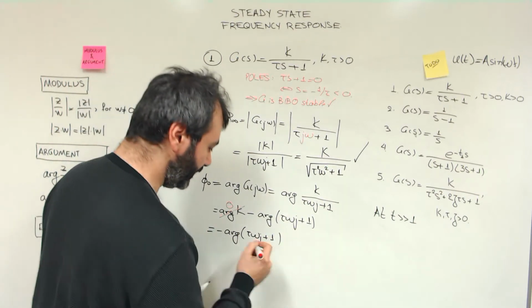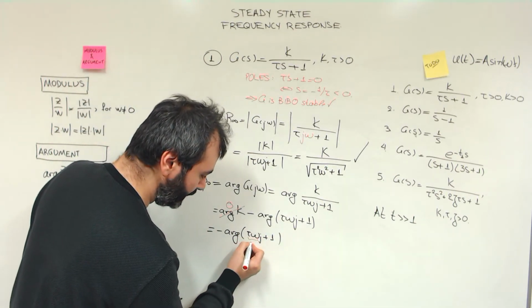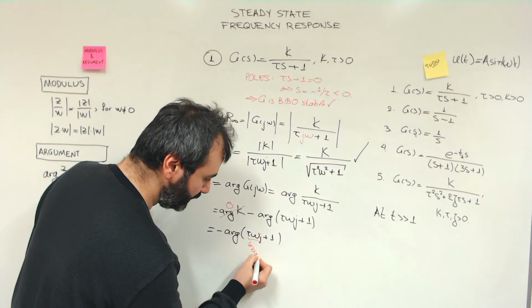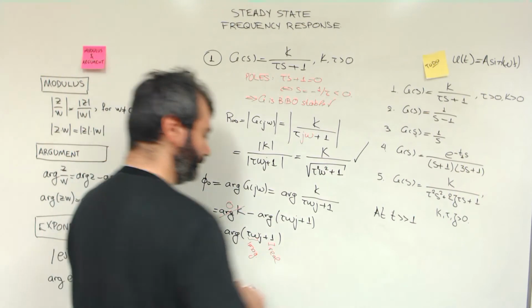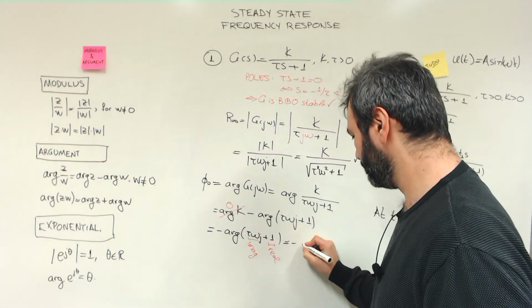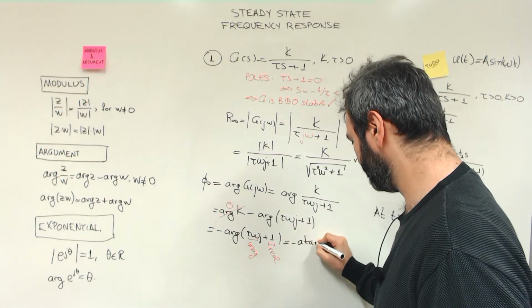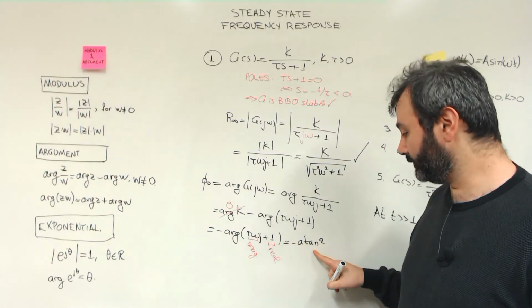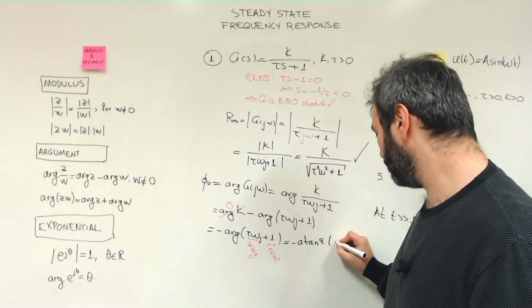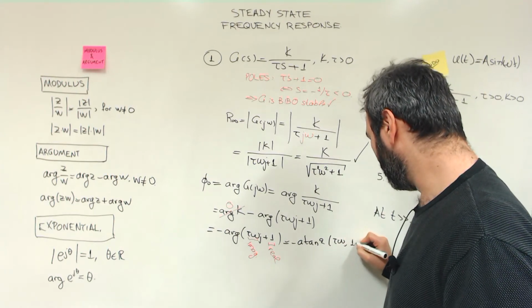Note here that tau omega is the imaginary part, 1 is the real part. So this is minus the 2-argument inverse tangent function of tau omega, 1.